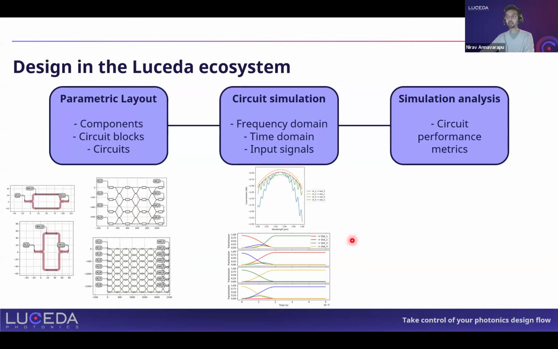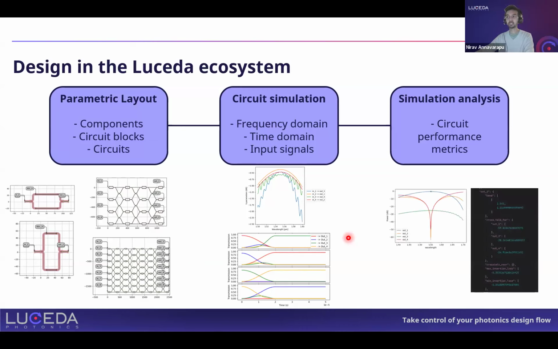You can apply any input signal you want and probe legitimate ports in your circuit, and the user is given control over what inputs he can apply and what ports he can probe without messing with the layout. Finally, you can plug your circuit into a test bench and evaluate its properties with no regard for what is inside. So there's no back and forth between software, and it's all seamless and done on one platform.